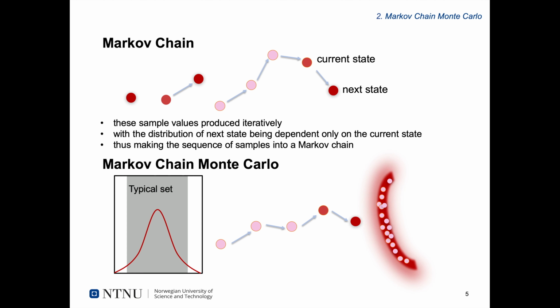The typical set is illustrated with a kind of arc here. Consequently, the resulting Markov chain will drift into and then across the typical set regardless of its initial state. This provides us a powerful quantification of the typical set from which we can derive accurate expectation estimators from these samples.